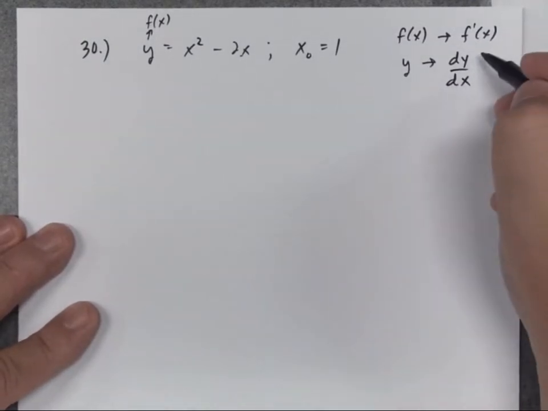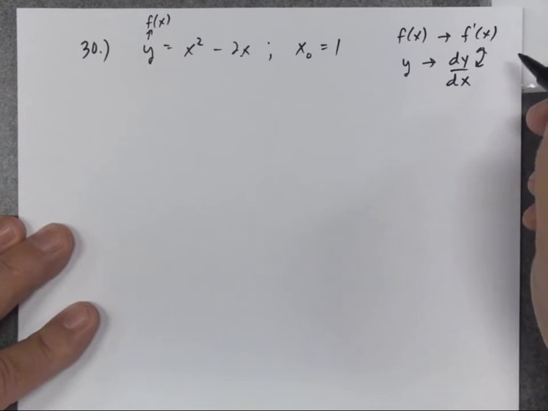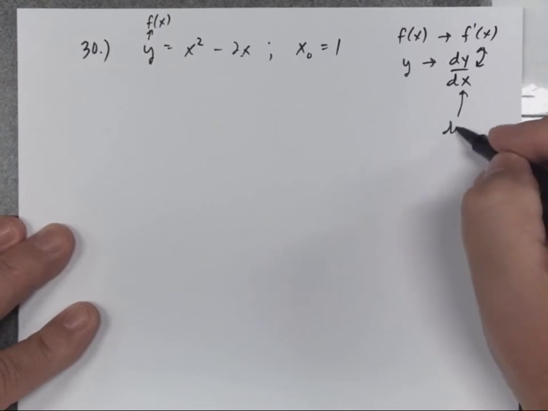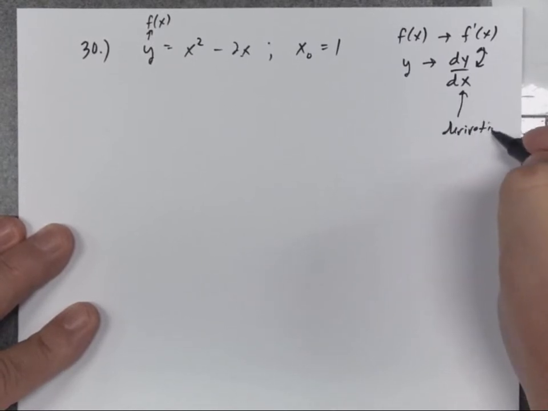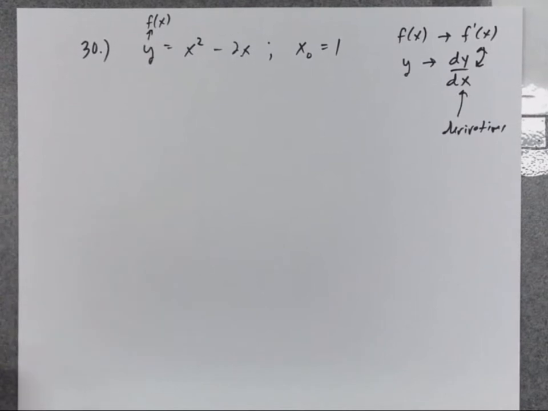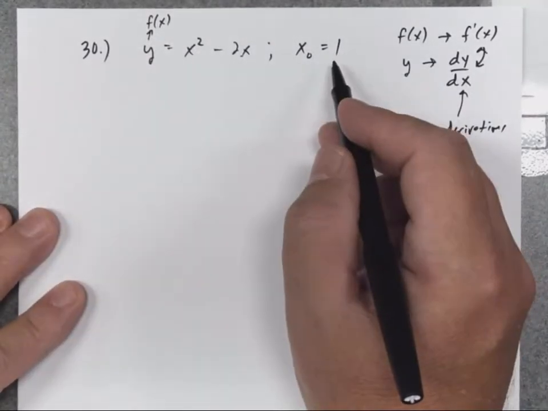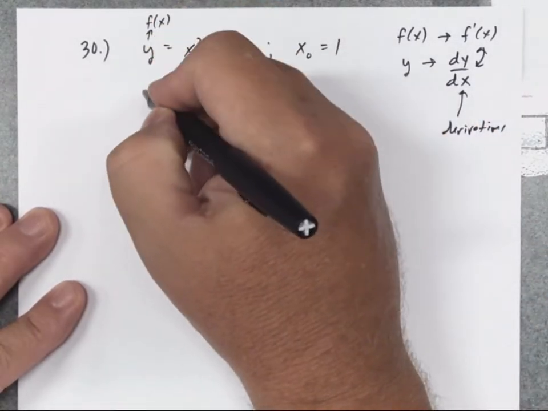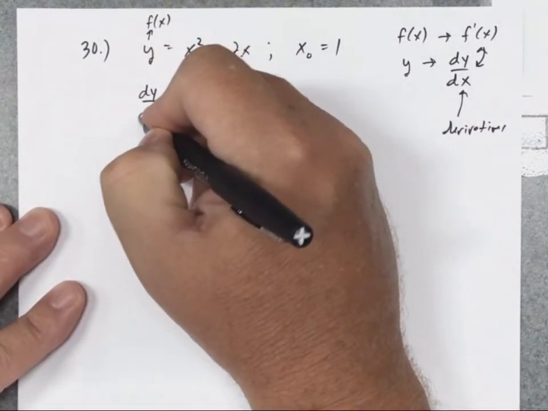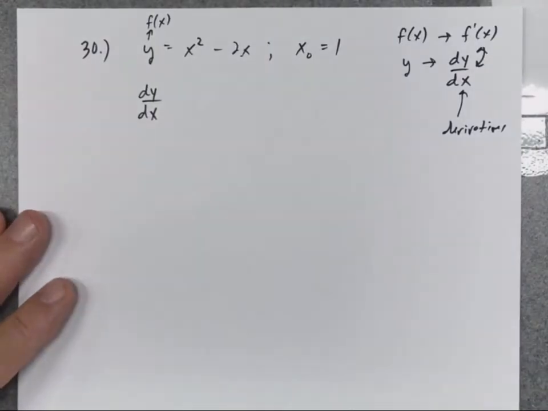Dy dx. So these are both the same thing. These are both derivatives. They're just written differently. So they're saying for this problem, find the derivative, but they want you to write it dy dx.